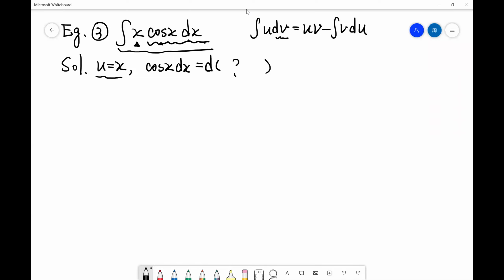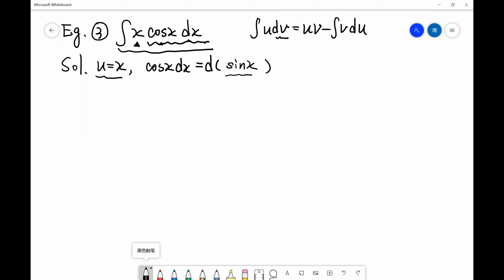And we can use the formula, or if you are very familiar with the rules for calculating derivatives, we should know that it is d sine x. D sine x equals cosine x dx. Here we just choose one antiderivative.